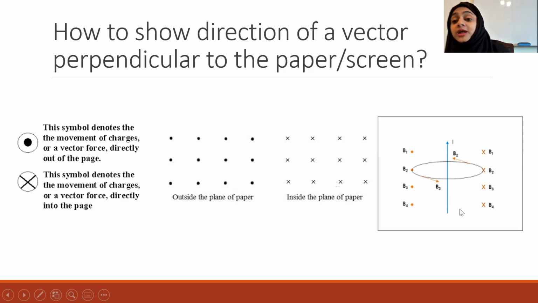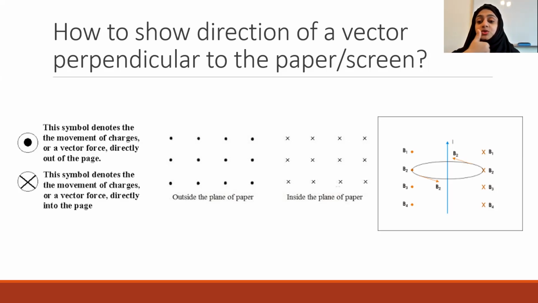And how can we get the direction of the magnetic field? We have to use here our right hand thumb rule, right? You have to hold your thumb in the direction of the current. So I have held my right hand thumb in the direction of current, that is upwards. Now my fingers curl in the direction of the magnetic field.